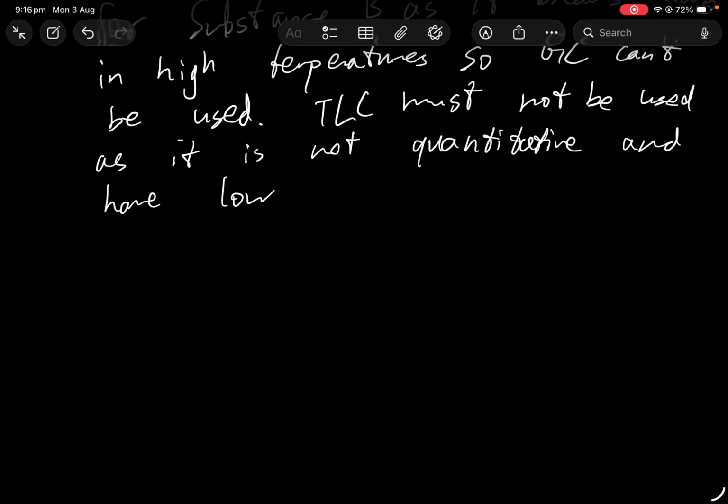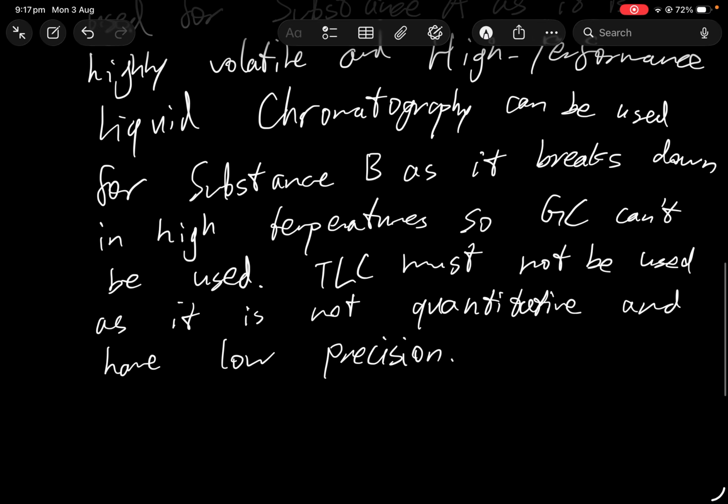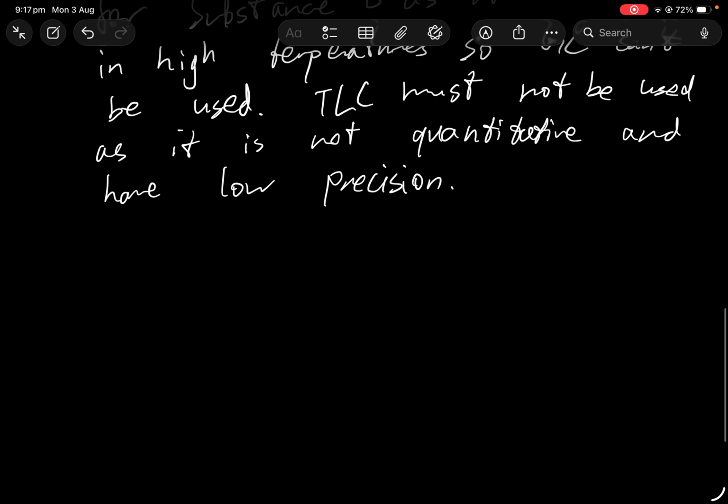Reliability. Technically it has bad precision and low precision. Oh well, that's good enough for explanation.